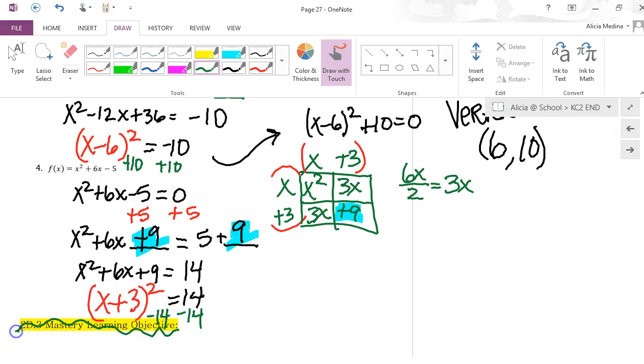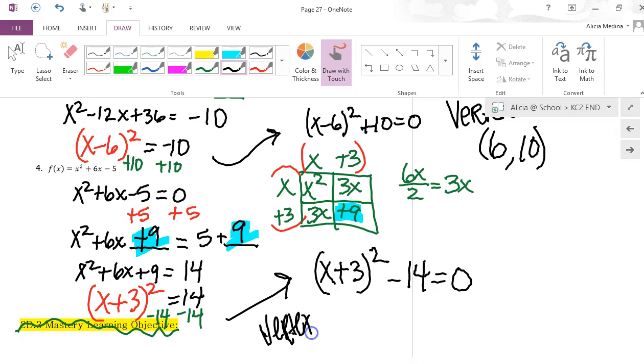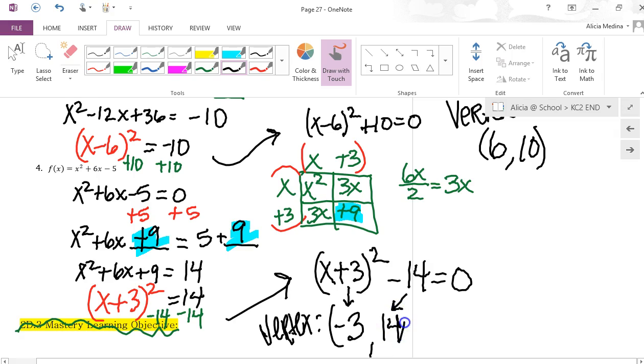So my final answer then is going to be x plus 3 quantity squared minus 14, now it's equal to 0. I'm going to state my vertex. I take the opposite of this, which would be a negative 3, and I keep that one the same, which is a positive 14.